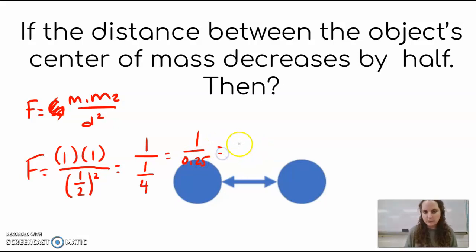If you put that into your calculator, you're going to get a force of 4. So if we decrease the distance by 1/2, then we are going to increase our force by 4. And remember, it changes with an opposite proportionality, this inverse square proportionality. So if we decrease the distance, then we're going to increase the force.